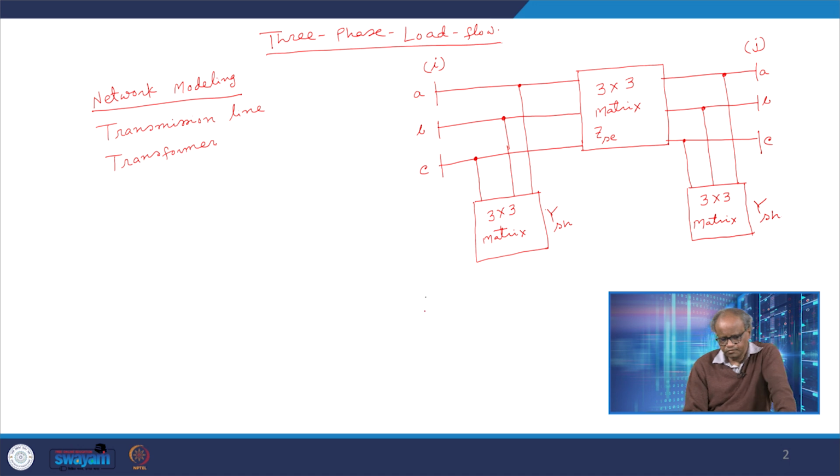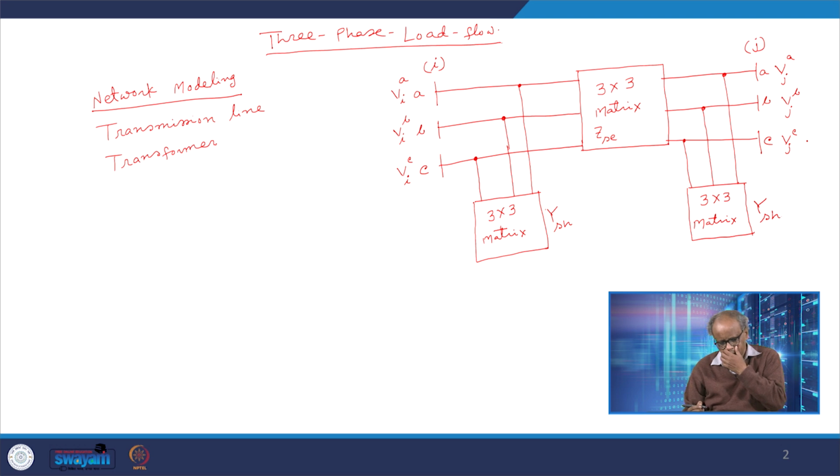And this has a voltage which I say is VIA, VIB, VIC, and this voltage is given by VJA, VJB, VJC.